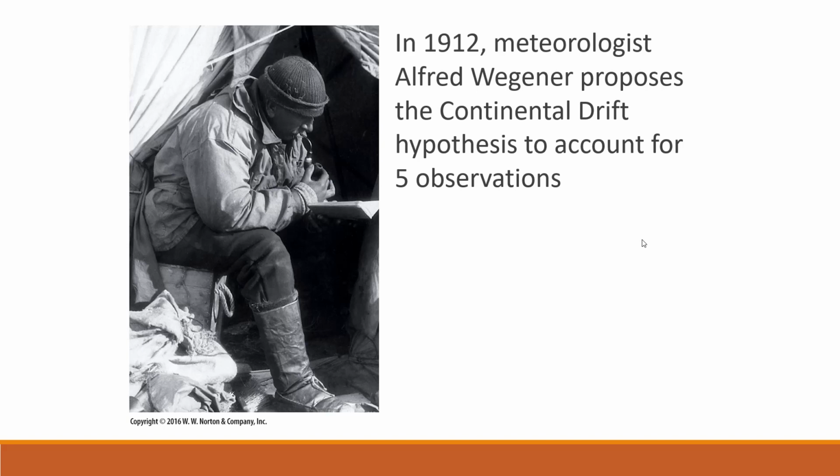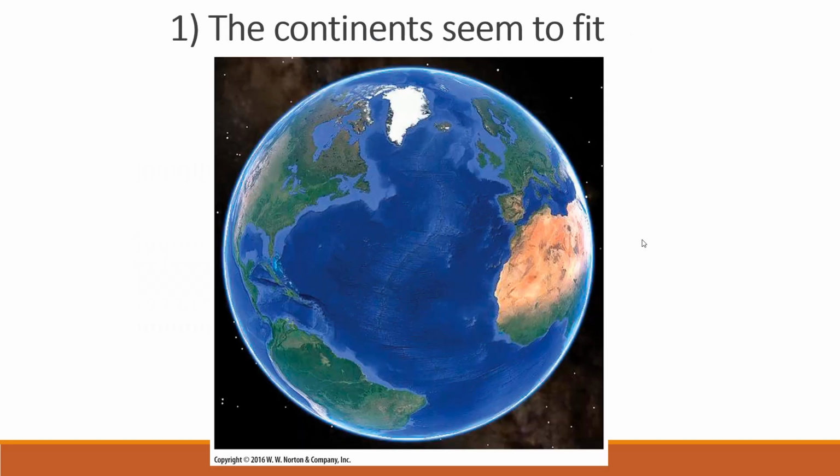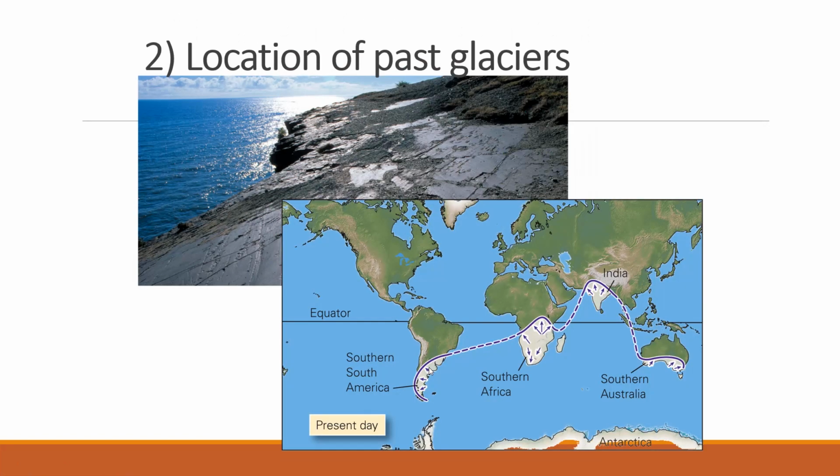This is an image of Wegener in Greenland, actually, on one of his expeditions. So he looked at the continents and saw that they seemed to fit together, particularly when we look at, say, Africa and South America, that they just seem to fit perfectly together. He also saw evidence of past glaciers in areas that are now tropical.